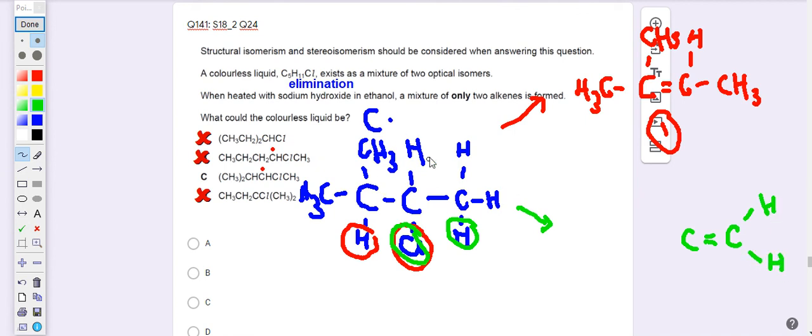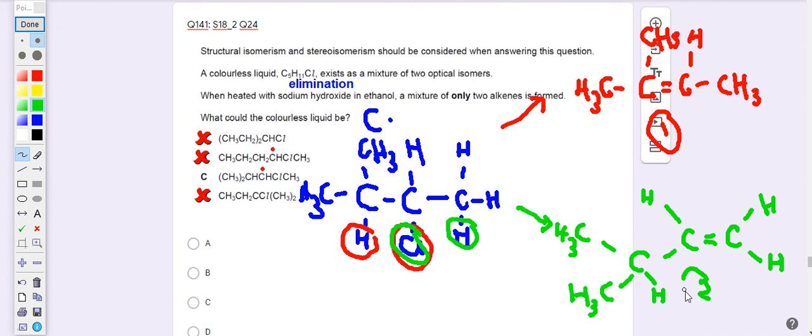The left hand side carbon is bonded to H, also bonded to this whole group. Now because this C is bonded to two hydrogens, there is no cis-trans isomerism. So again, only one alkene here. So this is the second alkene that we can get.